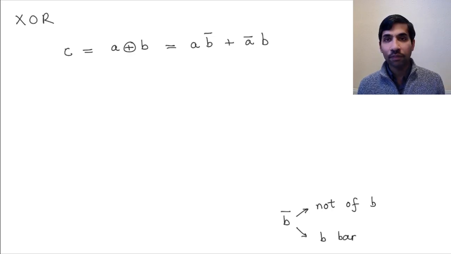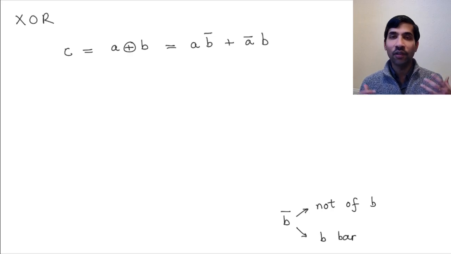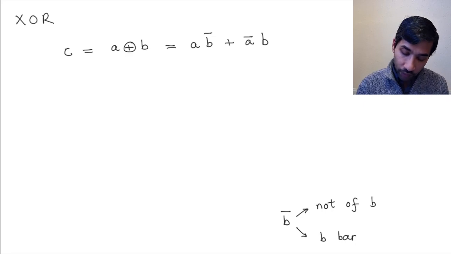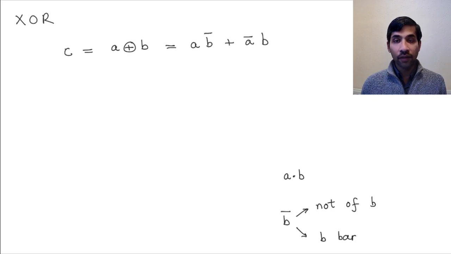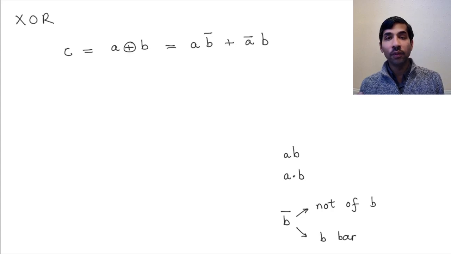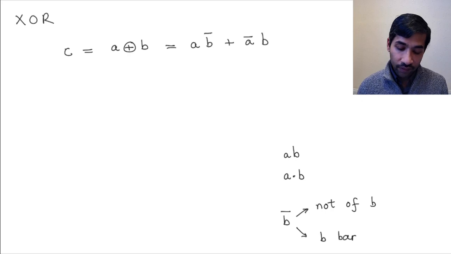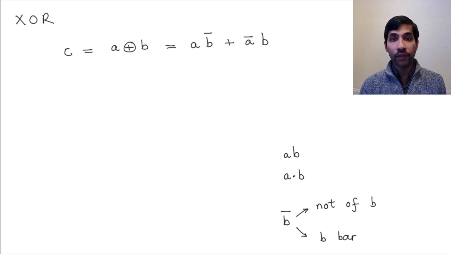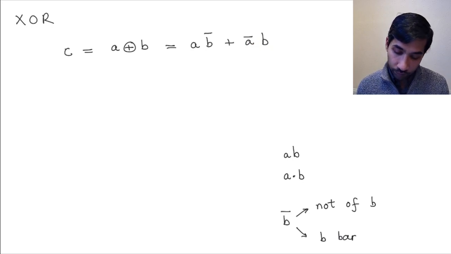The reason we call it B bar is because there's a bar on top of B, and you know that B bar means not of B. Similarly, when you have the AND operation, we usually write it as A dot B, but sometimes, for simplification, you just write it as AB. You remove the dot and understand that that's an AND operation. So in this case, this is A and not of B, or not of A and B.